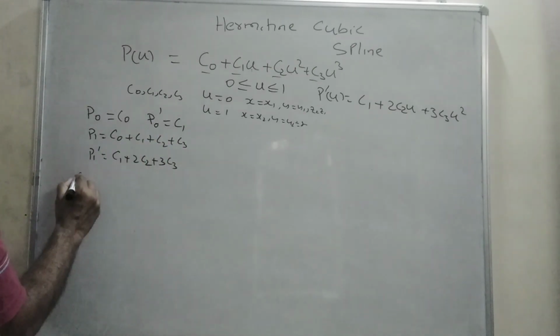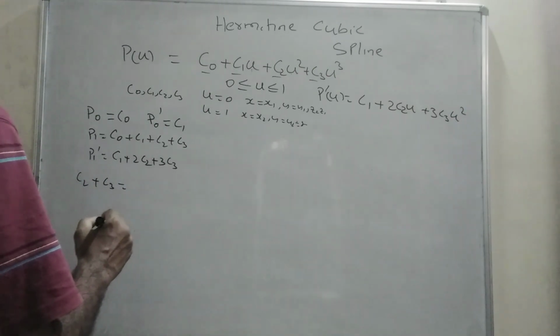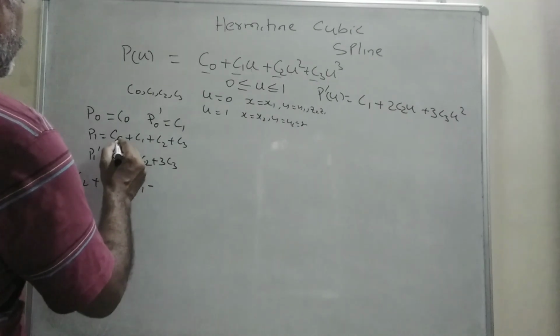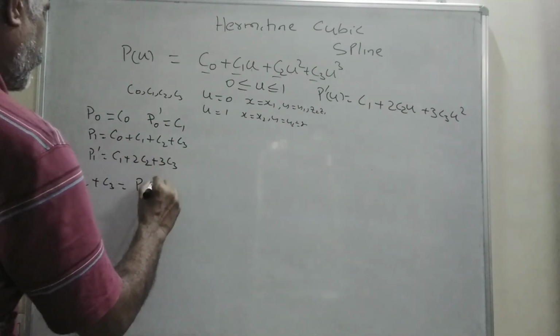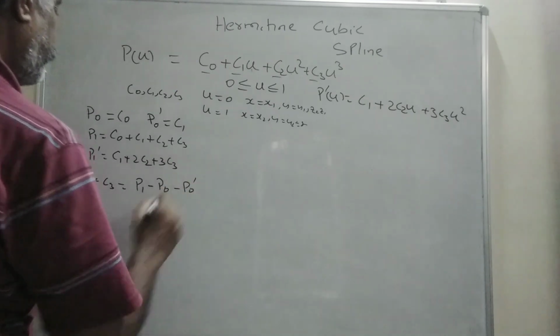So C2 plus C3 is equal to P1 minus C0, which is P0, minus C1, which is P0 dash.